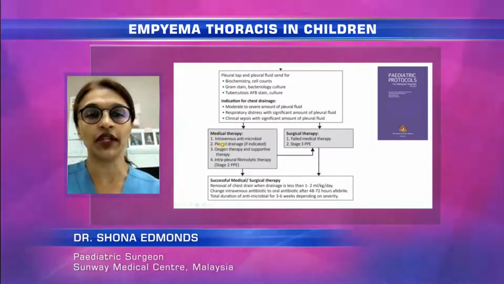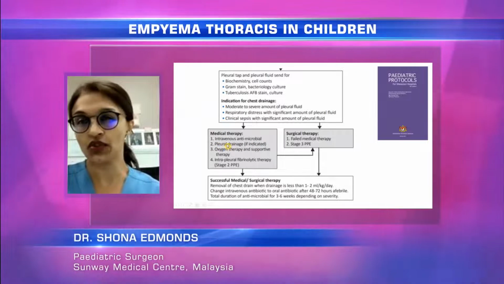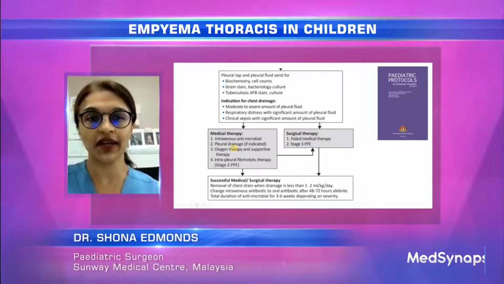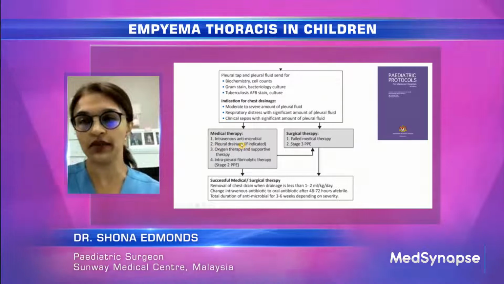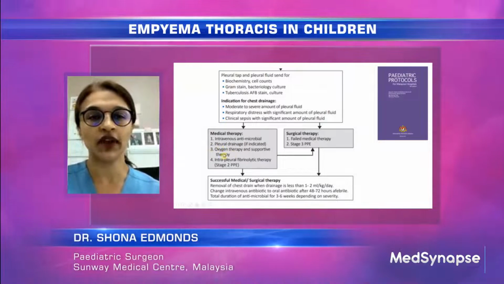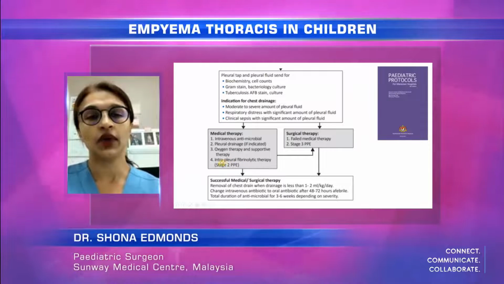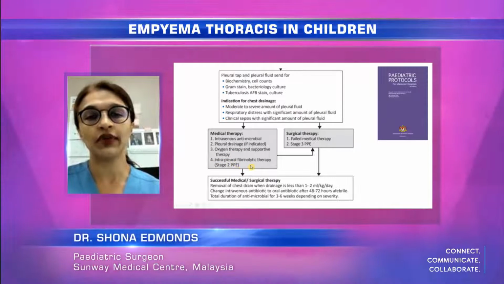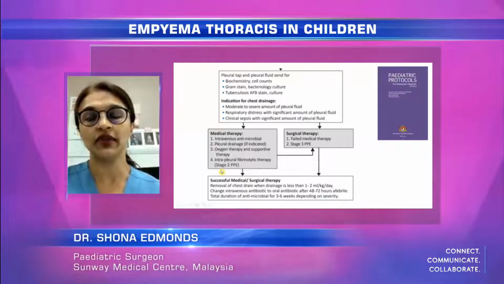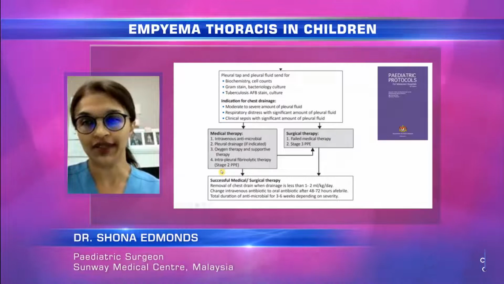They may have put in a chest drain by stage 2. If it was recognized, stage 2, they usually put in a chest drain. We have supportive therapy with oxygen and fluids, and they would also consider intrapleural fibrinolytic therapy at stage 2 level, which is usually streptokinase. Okay.